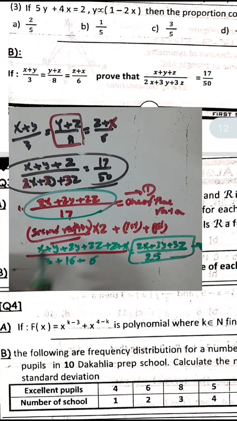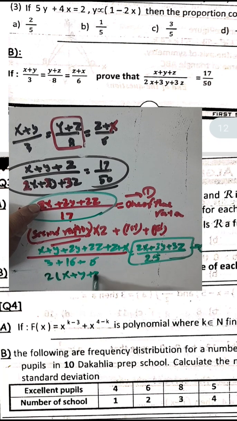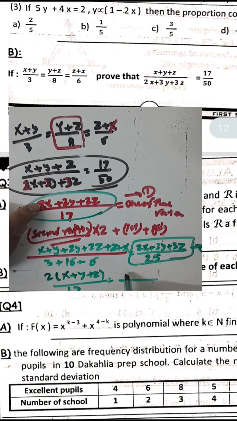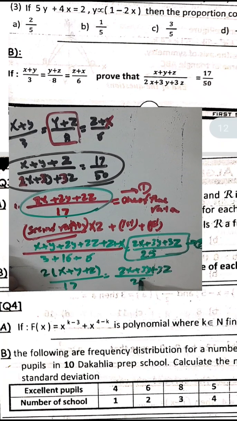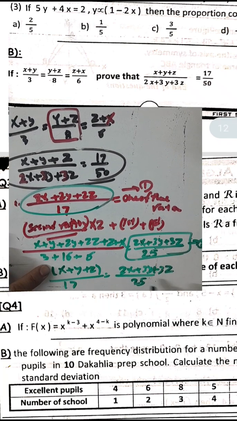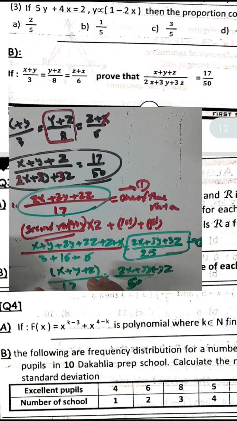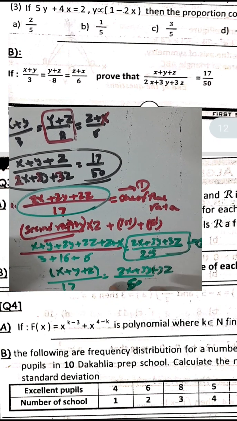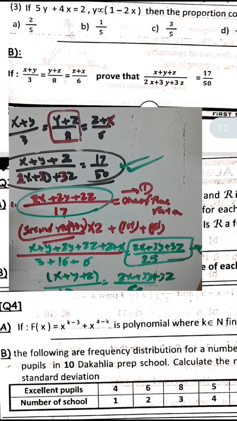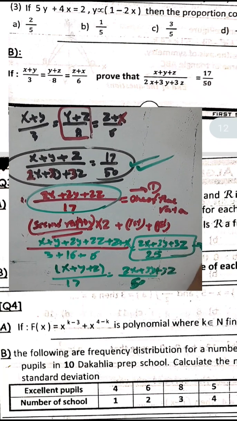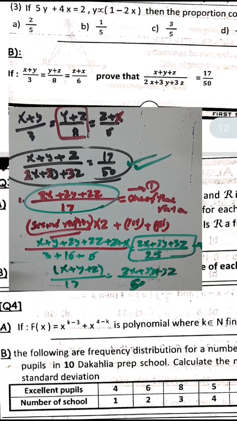Then we can equate them by writing 2 as the common factor: x plus y plus z over 17 equals 2x plus 3y plus 3z over 25, and then 2 times 25 will be 50, and the ratio between numerator and numerator will be equal. The result is x plus y plus z over 17 equals x plus 3y plus 3z over 50. That is the result for this example.